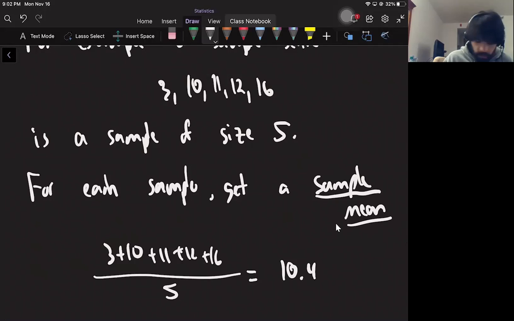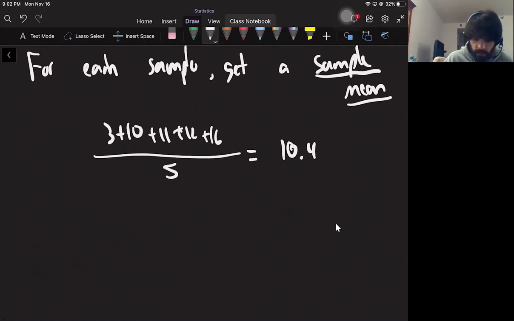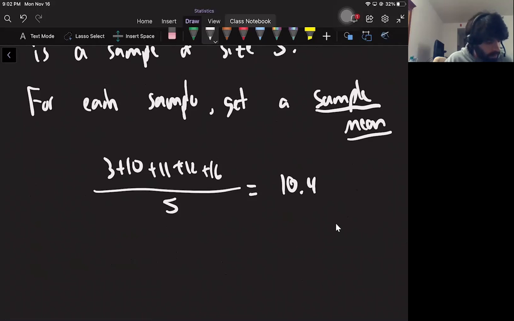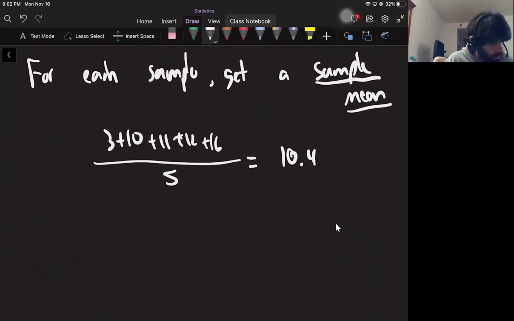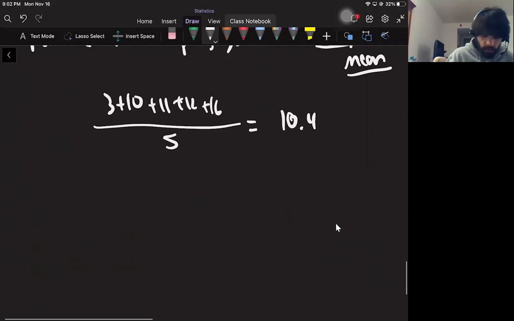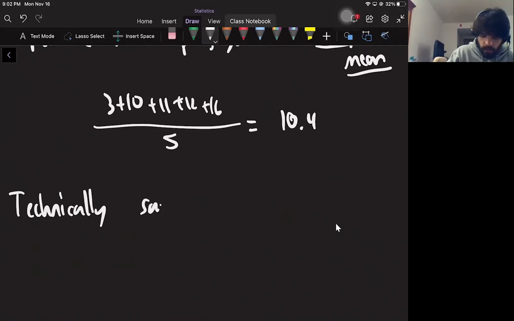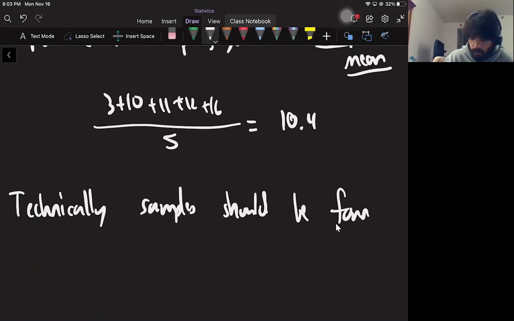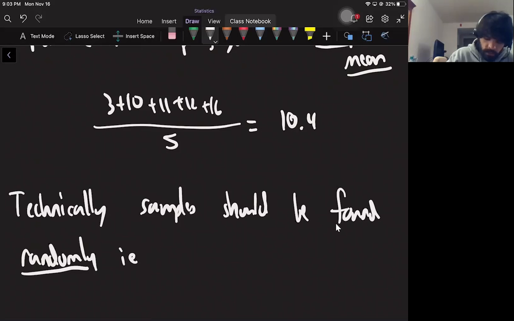I made this sample up, but technically speaking, samples need to be random to really mean anything, but we're going to gloss over that for now. So don't worry too much about that. Technically, I'll write it though. Samples should be found randomly for the math that's secretly in the background to work. What this really means is that each thing in the population should have an equal chance of being picked.